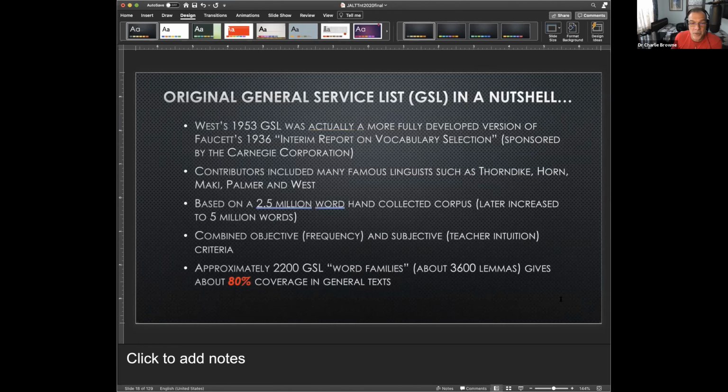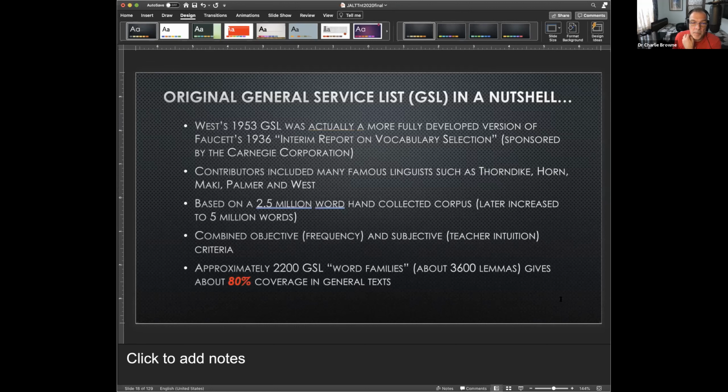What they were able to do was actually remarkable for the day. They created a 2.5 million word corpus, which by today's standards is very small, but today we do all of our corpus work on computers. They were able to do all of this work by hand without the aid of computers. That's why it took 17 years.